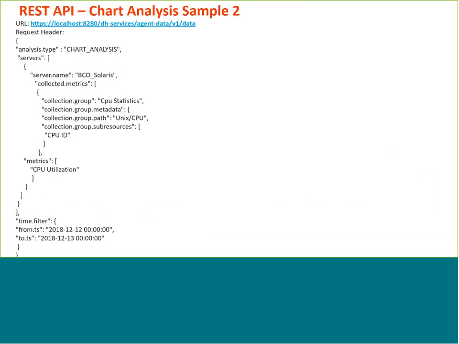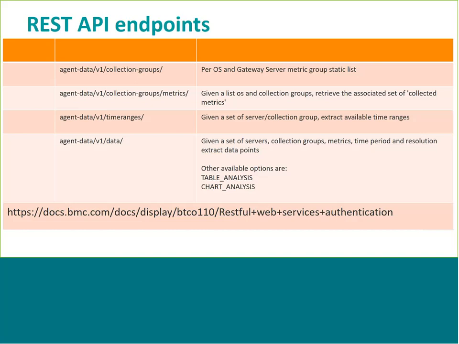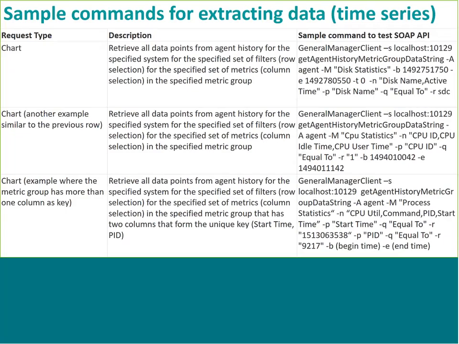But initially, the command line is a little bit simpler versus having to create your REST calls. So I would probably start with the SOAP, the general manager client, and then if you're interested in accessing data via the TrueSight presentation server, you can use the REST examples as well.